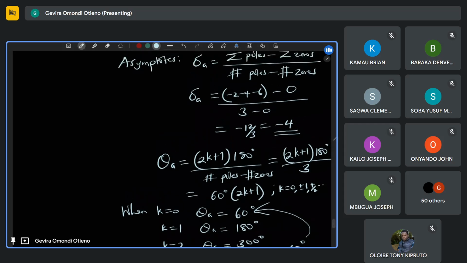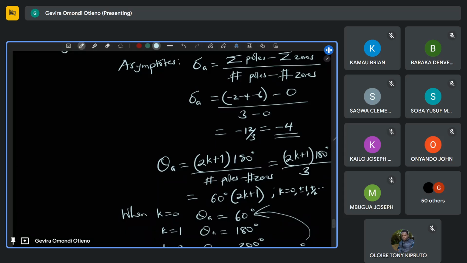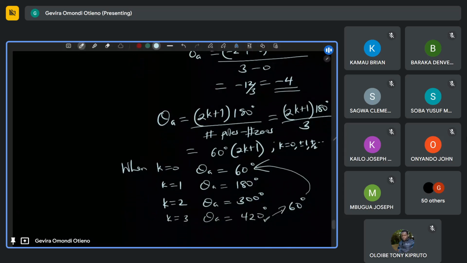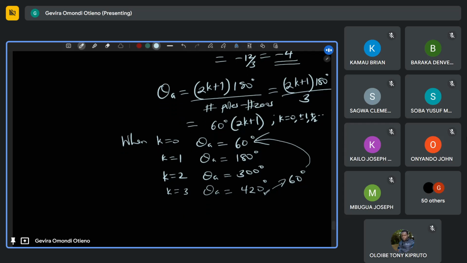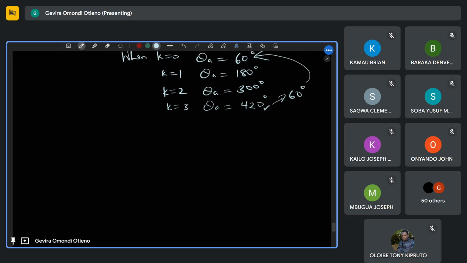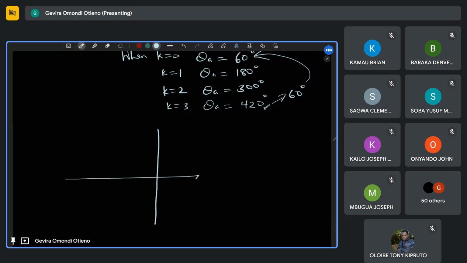So notice we've obtained the centroid for the asymptotes and the angles associated with it, so that we are able to obtain the general direction of the root locus towards the zeros that are at infinity. So we bring in our plot. Again, when we plot, make sure you label properly. This is j omega.